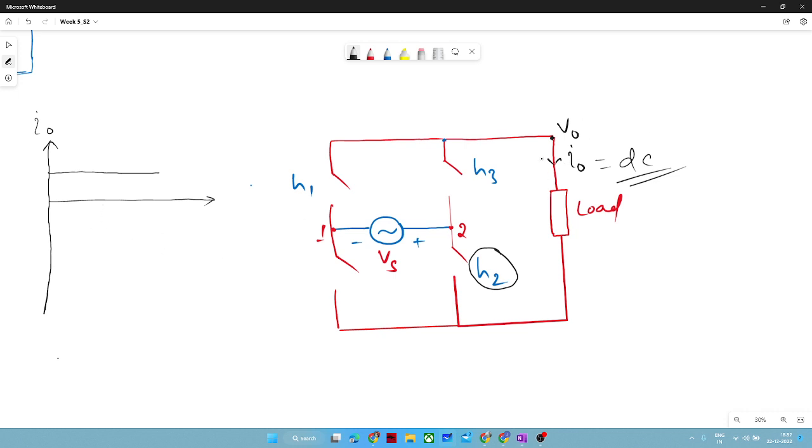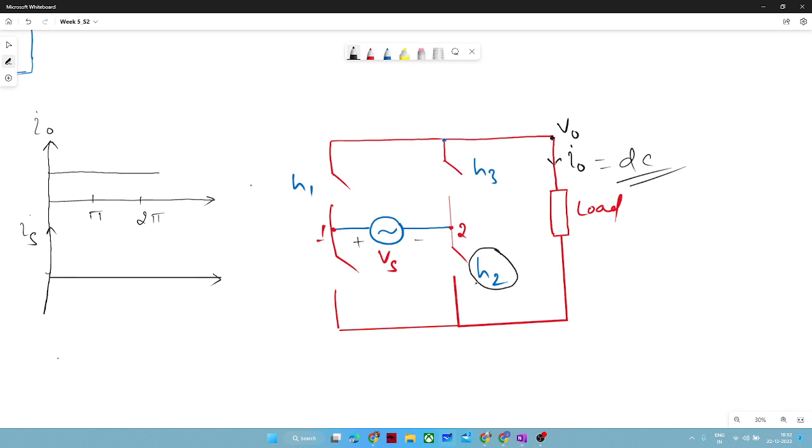And if I naught is purely DC, let me take an instant 2 pi and pi, then you will get Is. Let me consider this polarity plus minus.